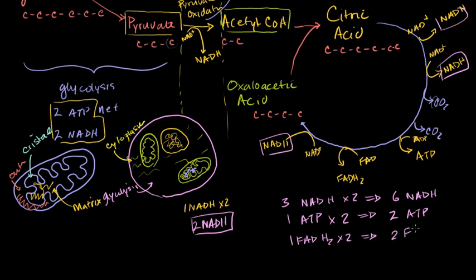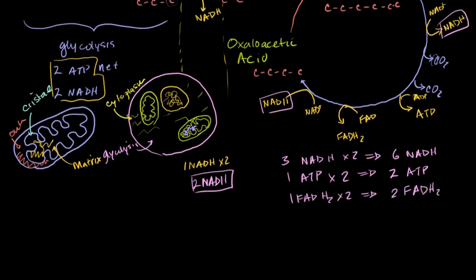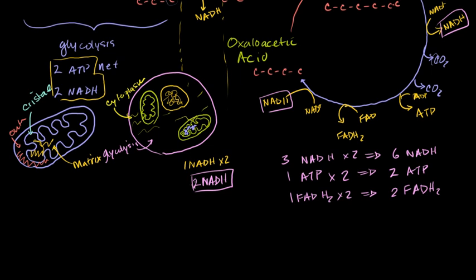We have 2 FADH2s. Now, in a lot of books, these 2 NADHs per turn of the Krebs cycle, or per pyruvate, this 1 NADH, they'll give credit to the Krebs cycle for that. So sometimes instead of having this intermediate step, they'll just write 4 NADHs right here, and you do it twice, once for each pyruvate. So they'll say 8 NADHs get produced from the Krebs cycle. But the reality is 6 from the Krebs cycle, 2 from the preparatory stage.